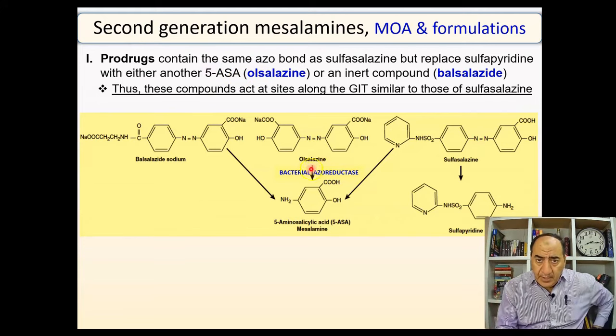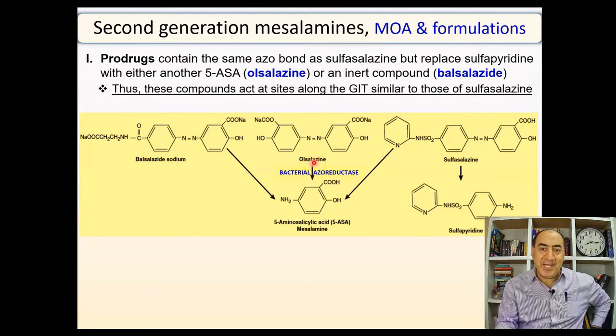Look here, this is olsalazine. This is 5-ASA, and this is 5-ASA, 5-aminosalicylic acid. This is salicylic acid, or sodium salicylate, 5-ASA, and these are the same thing, a copy. So 5-ASA, 5-ASA. This is called olsalazine, as a mnemonic.